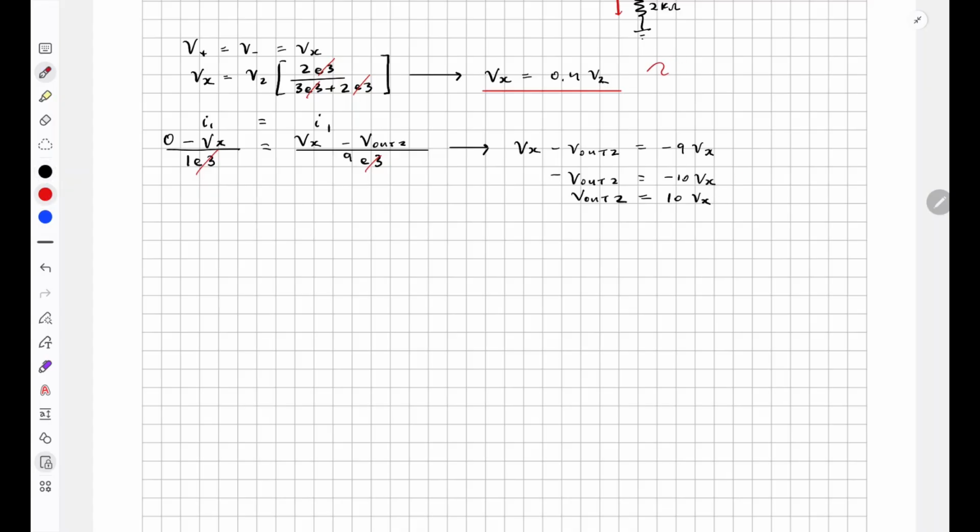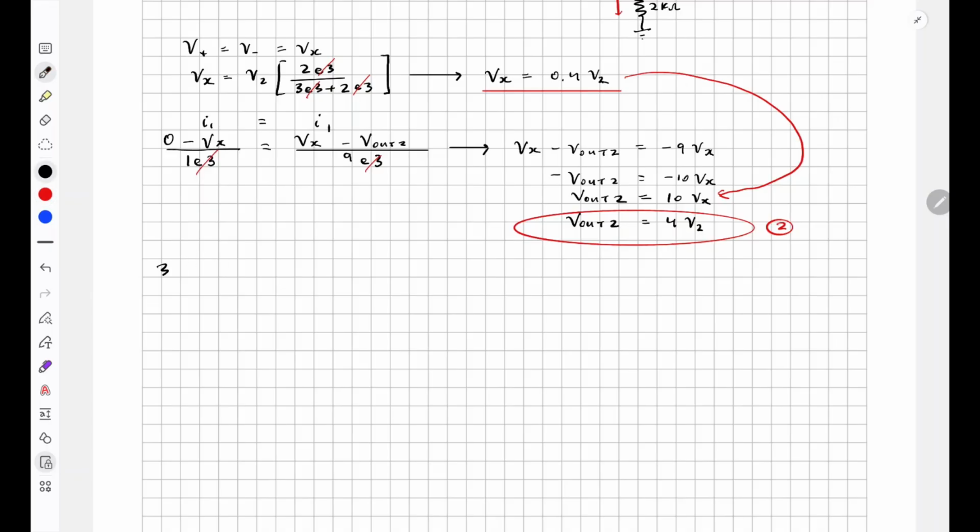Then you can plug this Vx that we just solved into here, and what we are left with is V out 2 is equal to 4 V2. Okay, so the second superposition is done. I will save this equation as superposition 2.